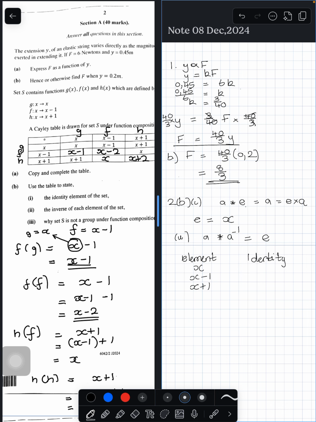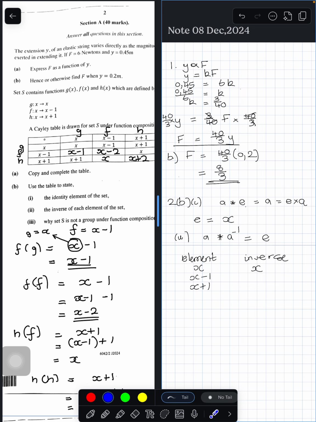Sorry, I mean the inverse element, not the identity element. So what is the inverse of x? We've discussed that the inverse of x is x.